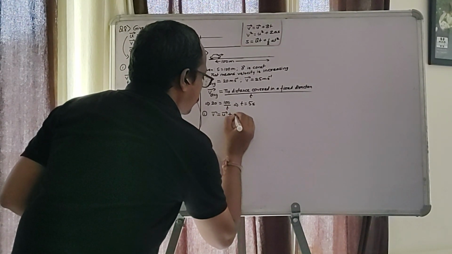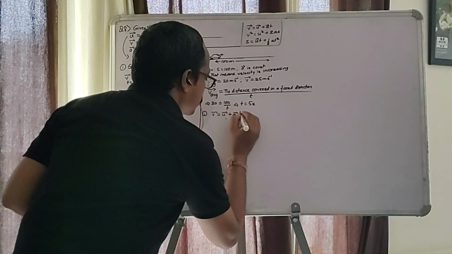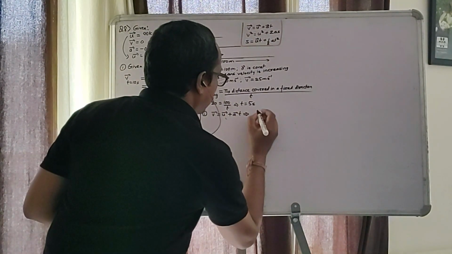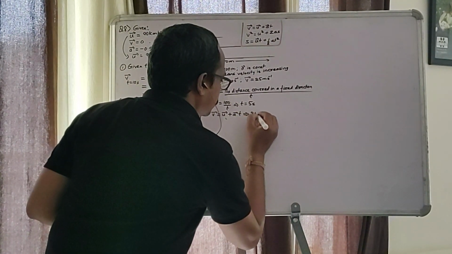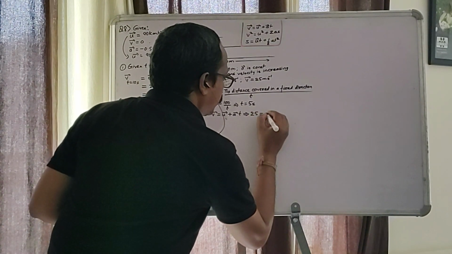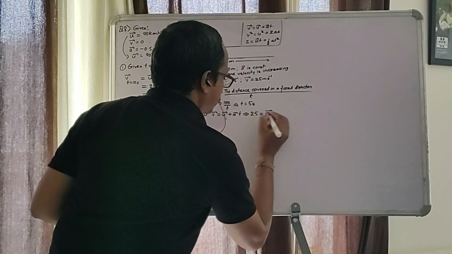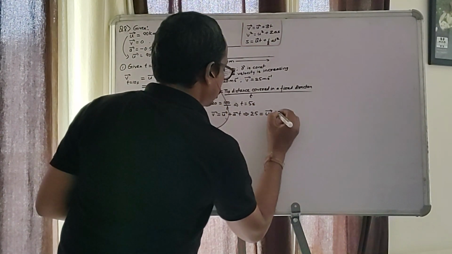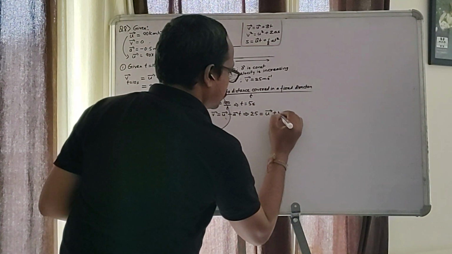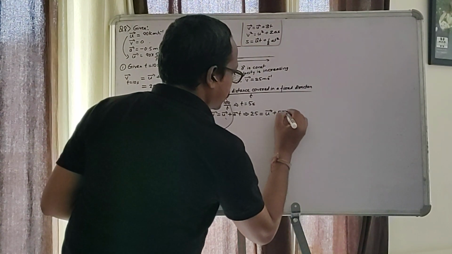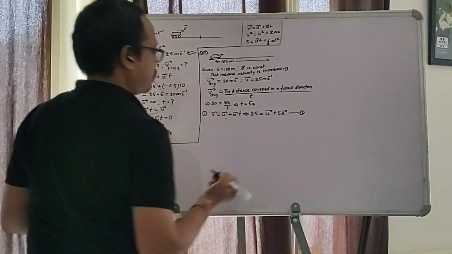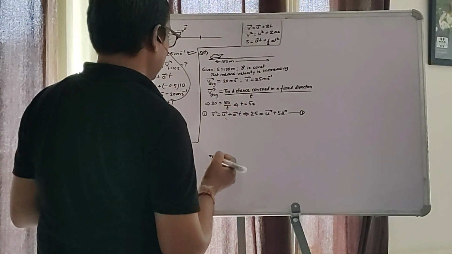What is the value of V? V is 25. U we don't know. We have to find out. What is the value of T? T we just calculated 5 seconds. So we can write 25 equal to u plus 5a. Can we mark it equation 1? Yes. We will use it later.